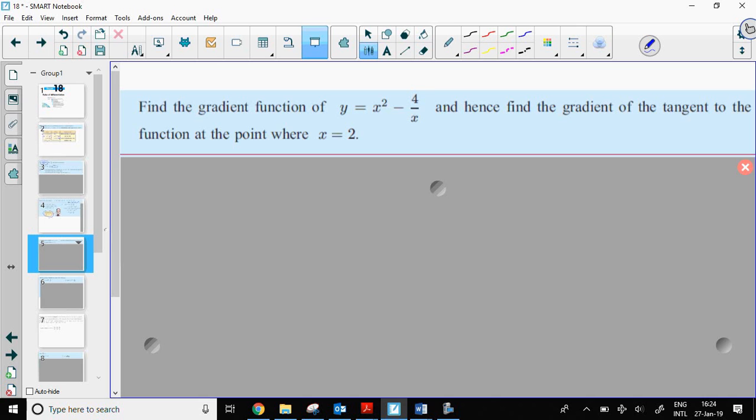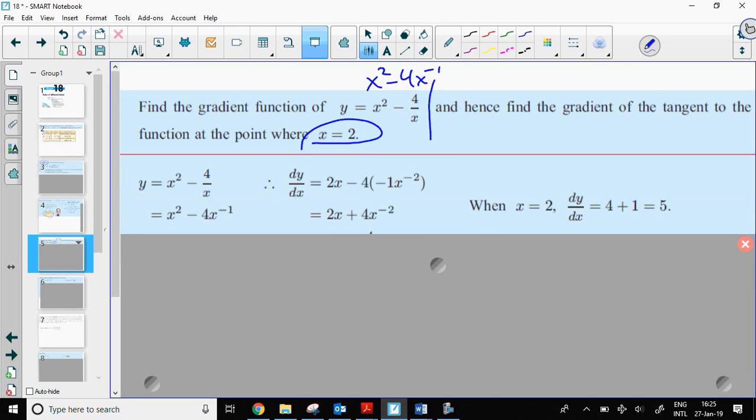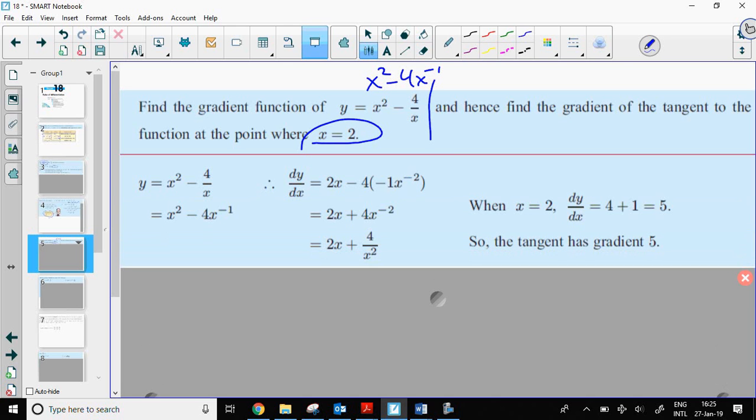Two things happening here. First, find the gradient function, and hence find the gradient at this exact point. The gradient function just means take the derivative. This is, again, x squared minus 4 times x to the negative 1. So its derivative is going to be 2x plus 4 times x to the negative 2. It is unnecessary to have all this work written down.